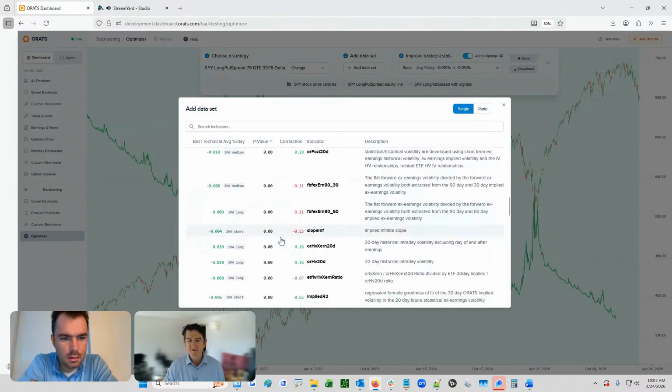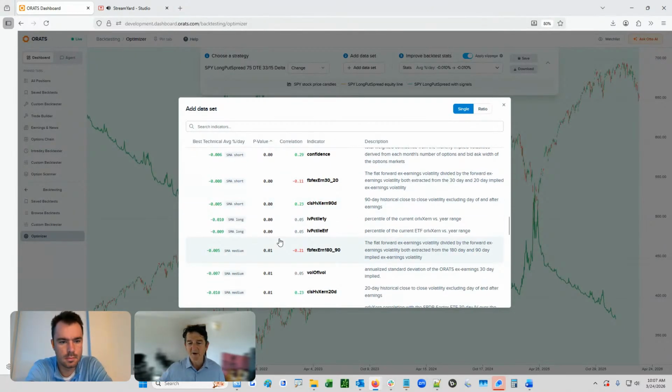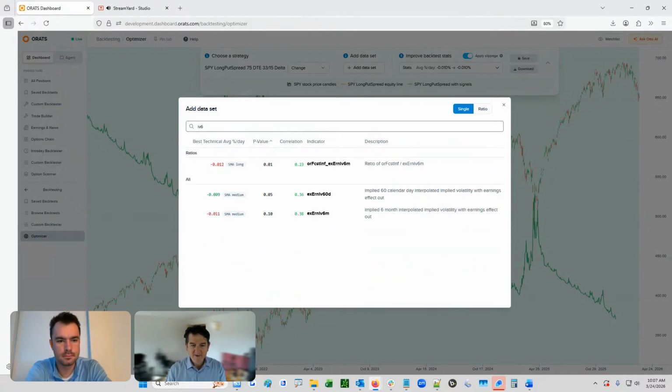Forecasts of volatility. I actually like to look for longer term volatility, because I want a longer indicator. So IV60. So I might do something like this, XERN IV60.